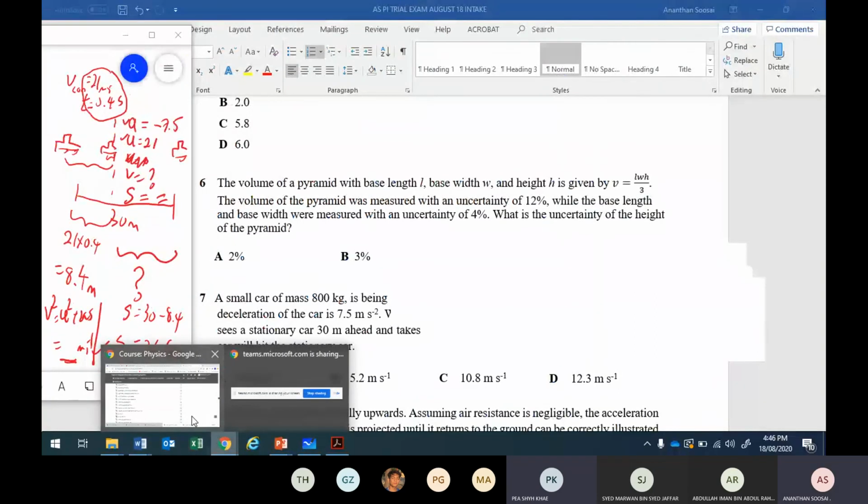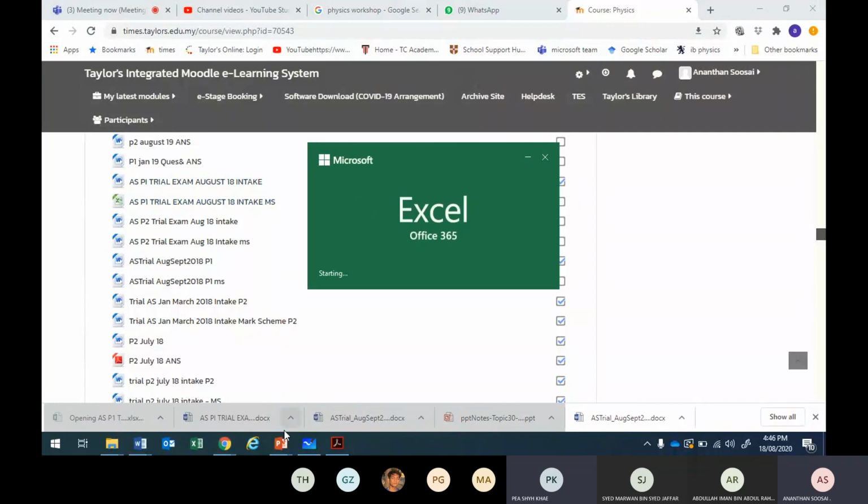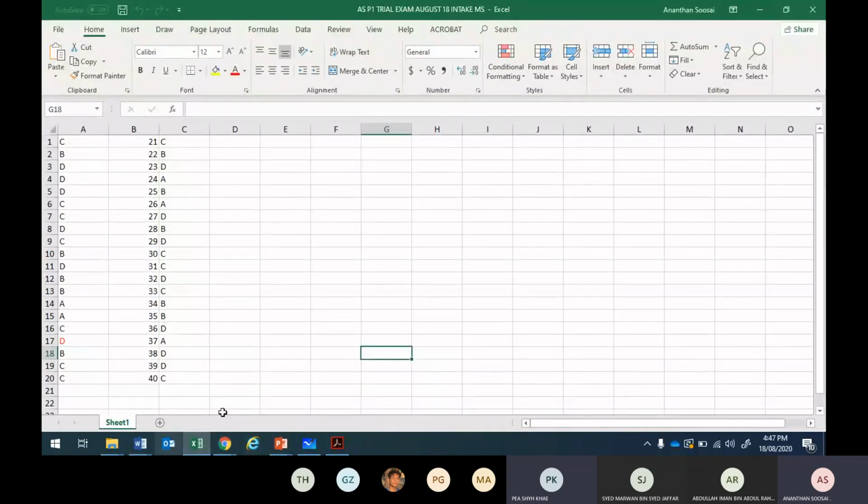Okay, let me check which paper we are using. Just now we used this paper, August 18. See the answer. Just now this is number 7.